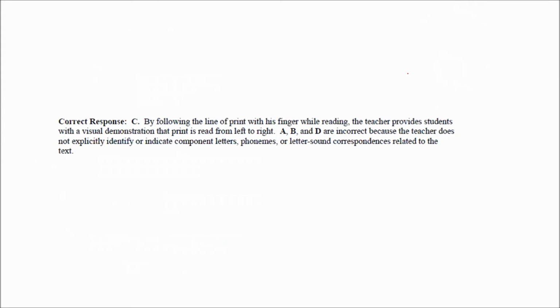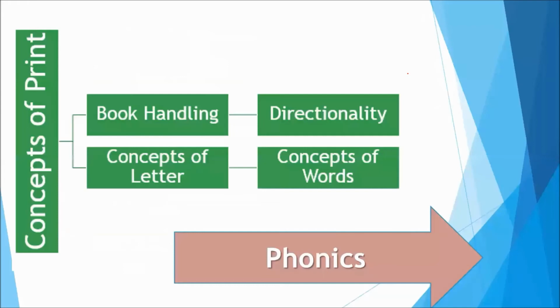By following the line of print with the finger while reading, the teacher provides the students with a visual demonstration that print is read from left to right. All right. So that was concepts of print, nice and short. Remember, first we have book handling skills, and within book handling skills, we have directionality.